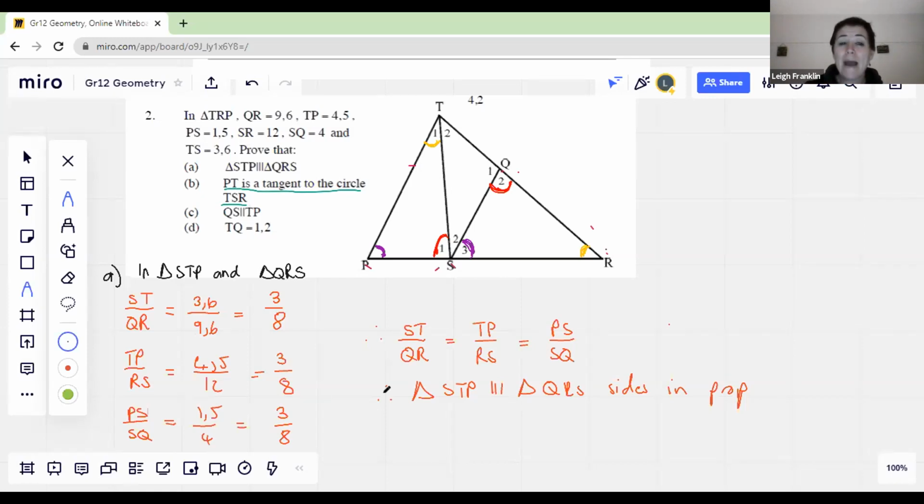So now we've got to go back and think about how did we prove that lines were tangents to circles? Can anyone remember? There was one outstanding way in grade 11 how we would prove that a line was a tangent to a circle. Can anybody remember what that was? No one?